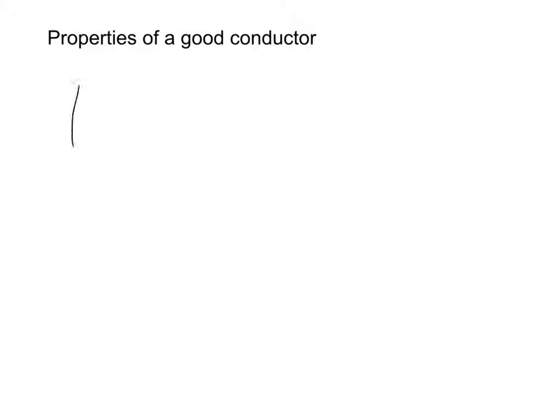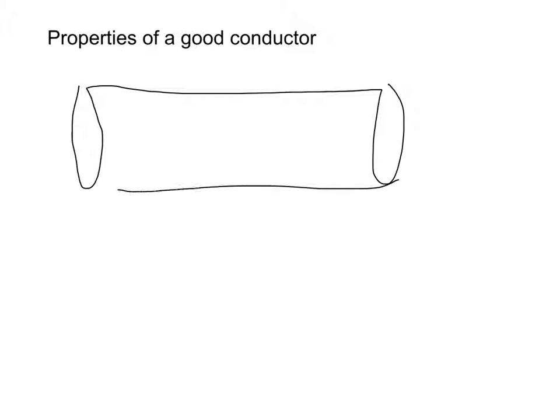So if this is my wire, and inside that wire I have little positive central cores. Now these are protons, and these protons of course are surrounded by electrons, and that's going to be important a little bit later on because the electrons will be bouncing off of these things.